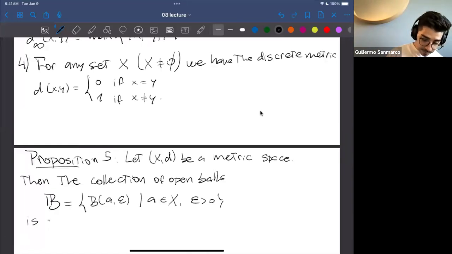Notice I'm not using B_d here, but I should in principle. That's our proposition, for a topology on X. Of course, we need to prove this.